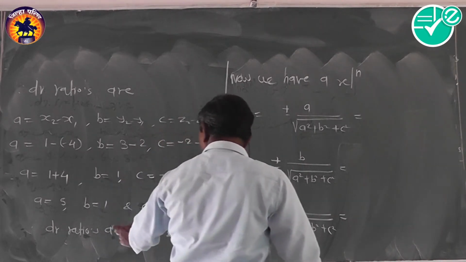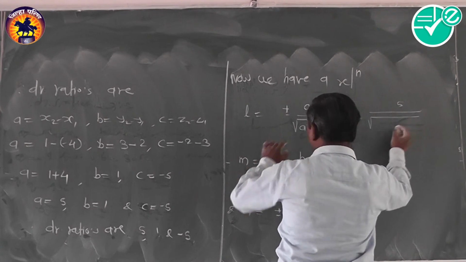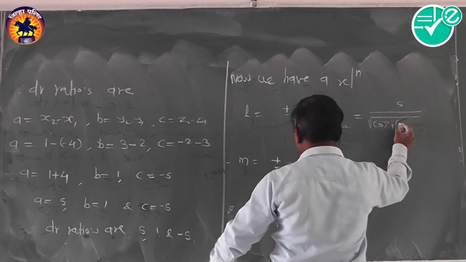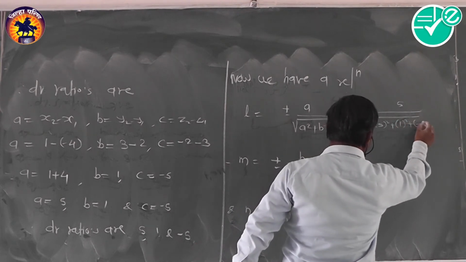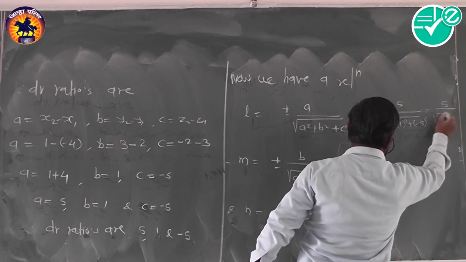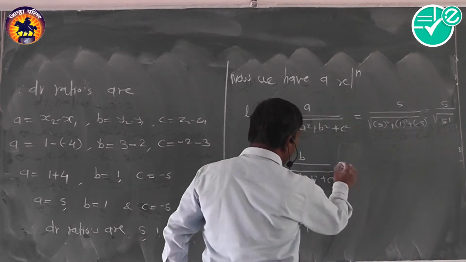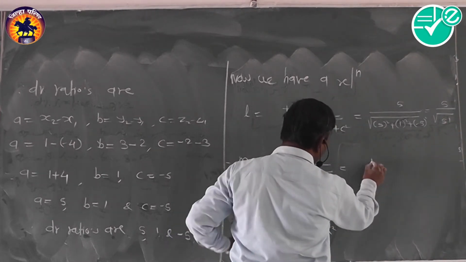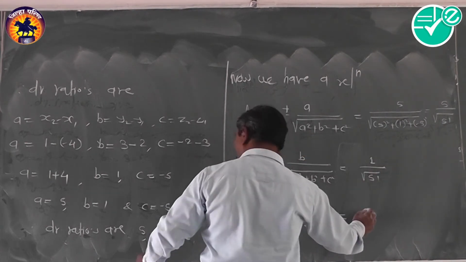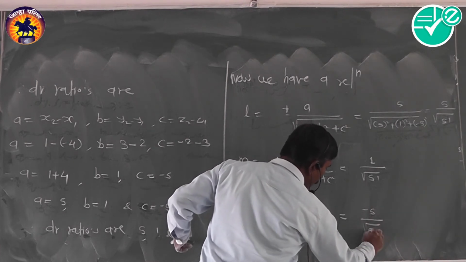Now here a is 5, so 5 square, b is 1, and c is minus 5 square, so that is 25 plus 1 plus 25, which is 51. So l is 5 divided by under root 51, m is 1 divided by under root 51, and n is minus 5 divided by under root 51.